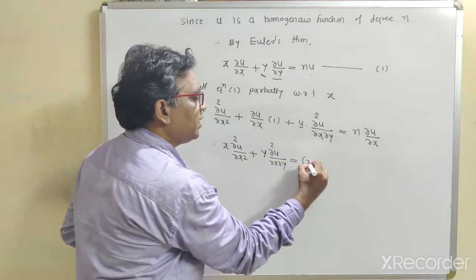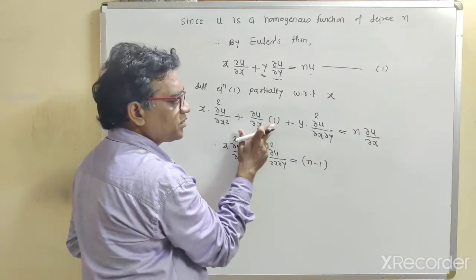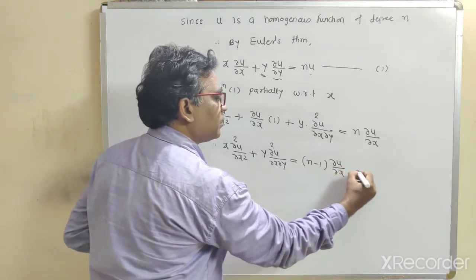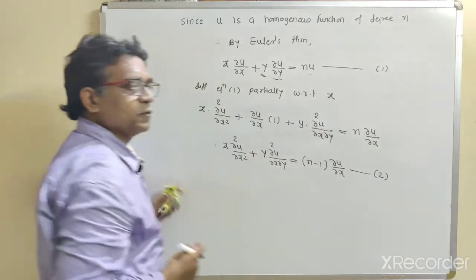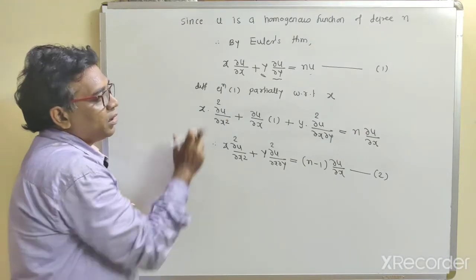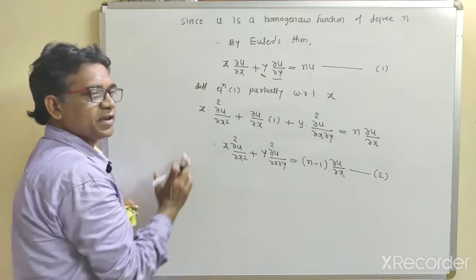So what is the remaining term? n minus 1. This is the remaining term n, and from this term we write here 1, and del u by del x is the common term. So this is, suppose, equation number 2. So this is our first step: differentiating equation 1 partially with respect to x.